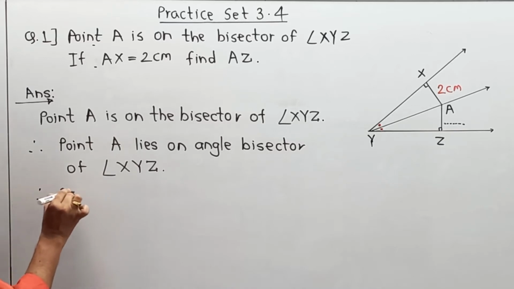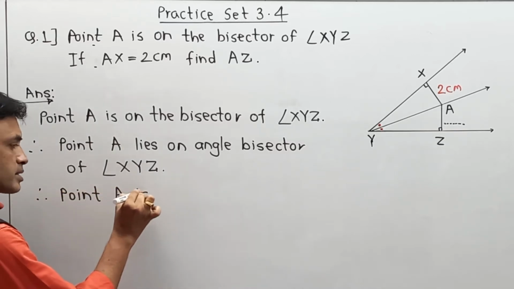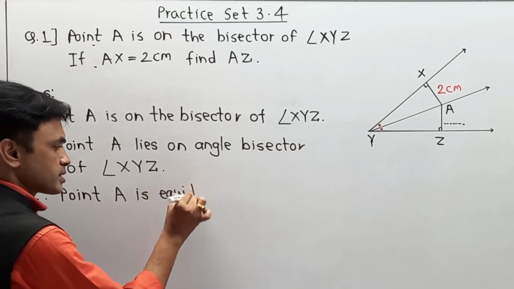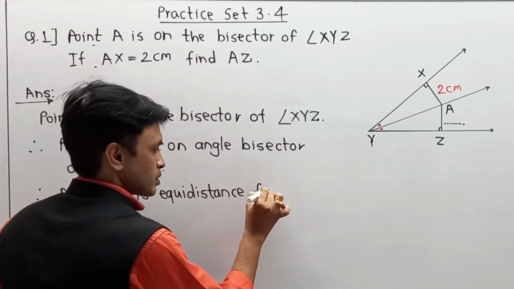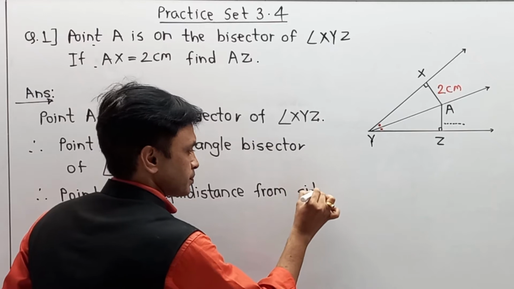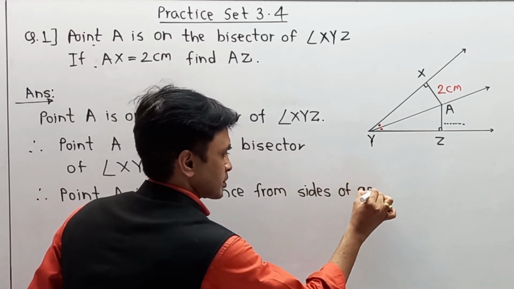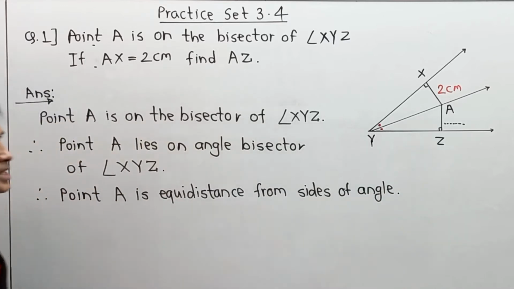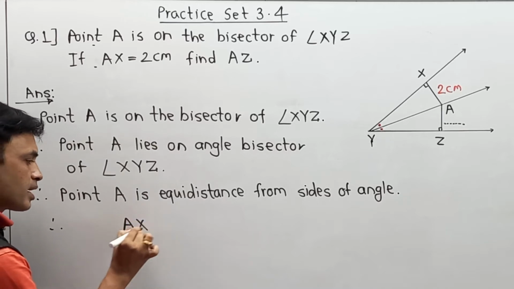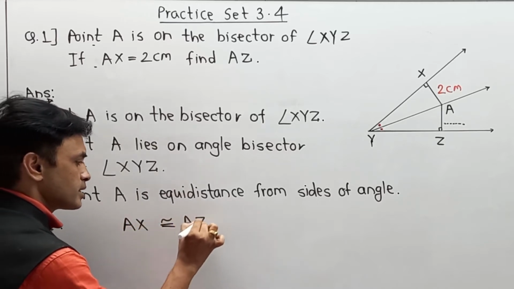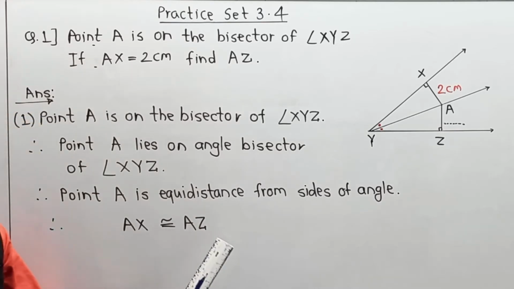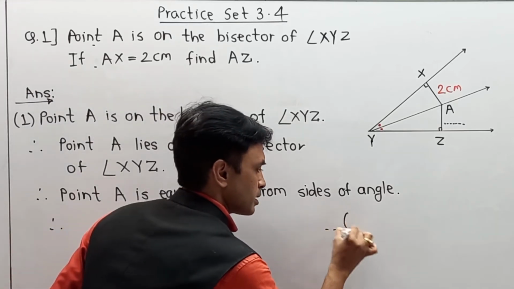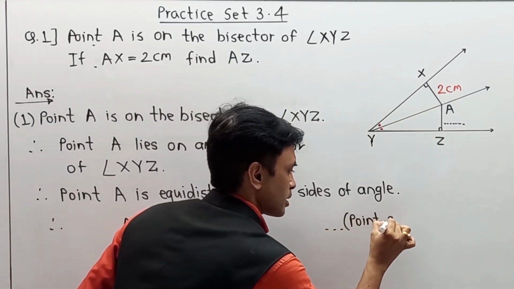Therefore, point A is equidistant from the sides of the angle. Therefore, we can say that AX is congruent to AZ. I am going to give this entire part as part 1, and the reason: point on angle bisector.